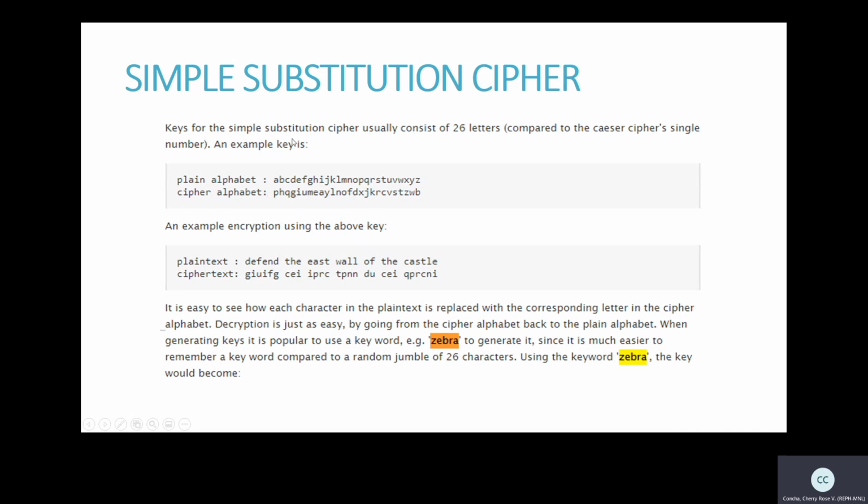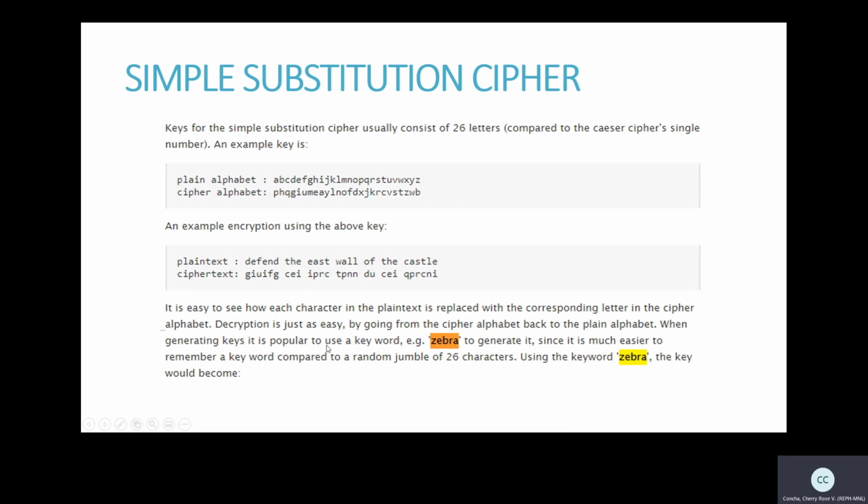This is actually a substitution cipher na ginawa natin. So pwede magka-random yan, depende sa inyo. So this is our encryption. Ang equivalent ng A sa plain alphabet ay P. Equivalent ng B sa plain alphabet sa ciphertext natin is H. So example sa encryption na yun, pag kinonvert natin dito, ito magiging itsura niya.